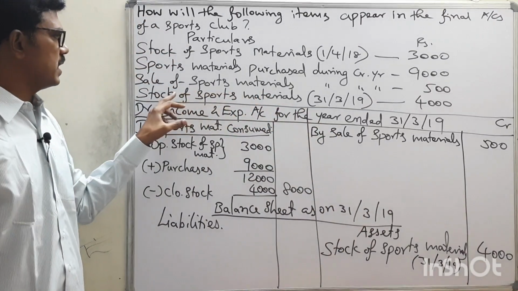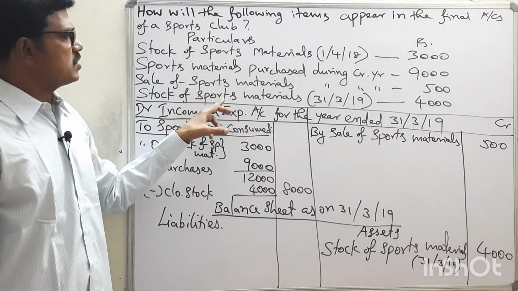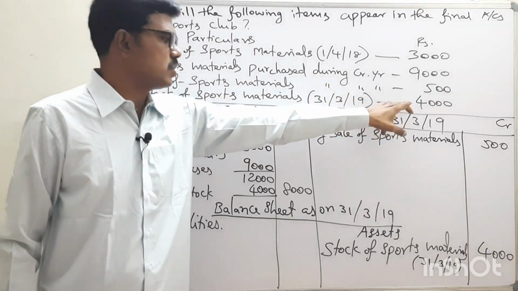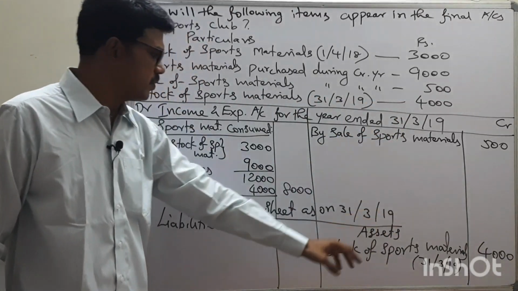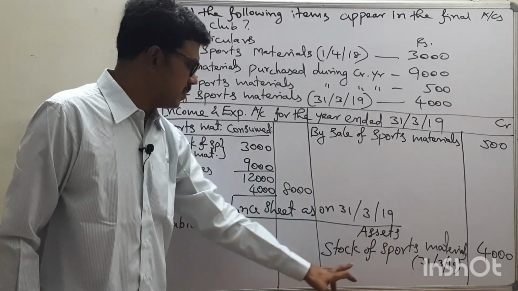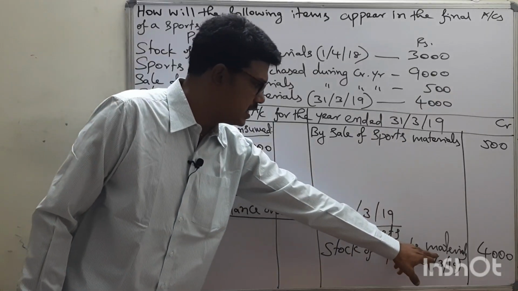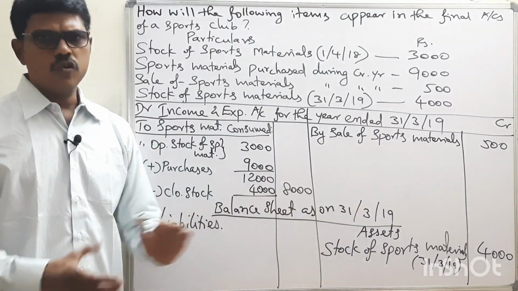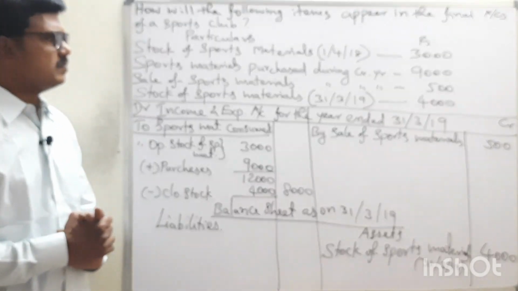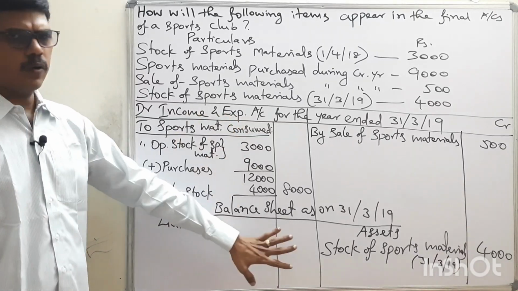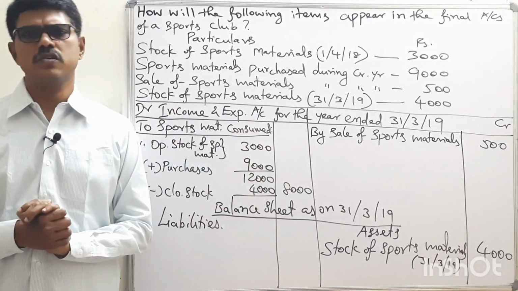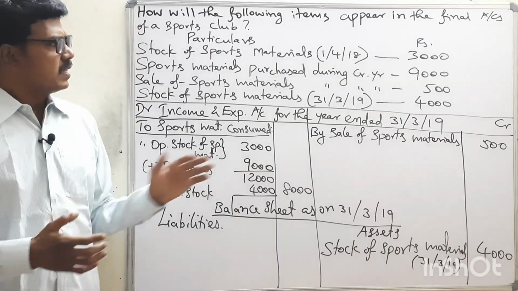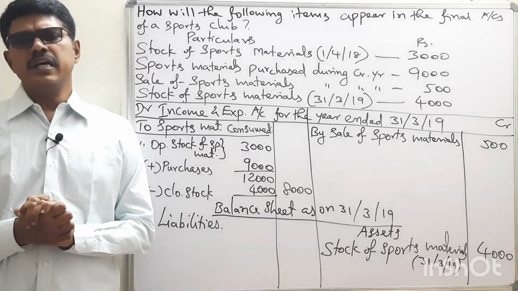Whatever is available in the club on 31st March is the asset. 4,000 is the asset. That amount must be shown in the asset side of the balance sheet. Stock of sports materials on 31st March 2019 must be shown in the asset side. I hope this is clear and that you all have understood it. Let me work out another problem in the next class.